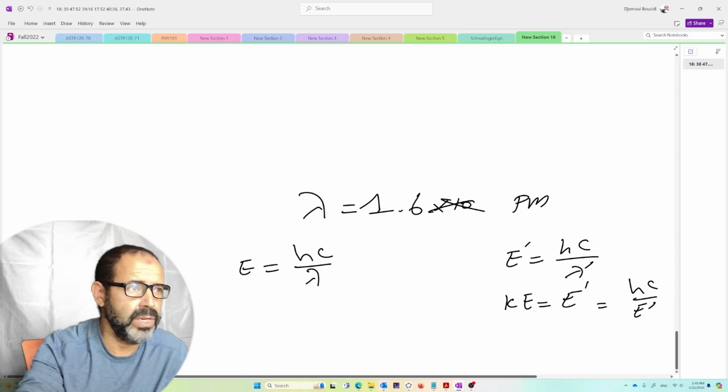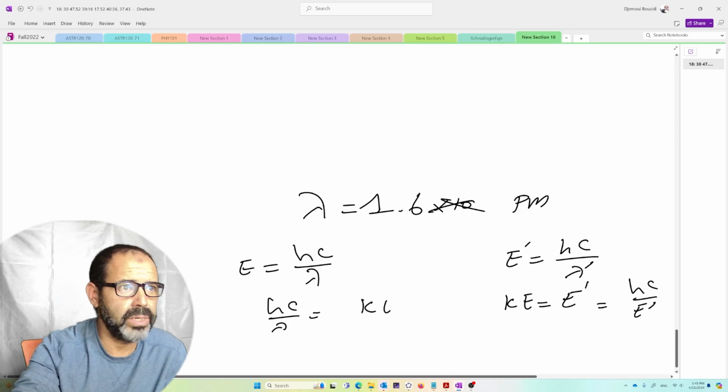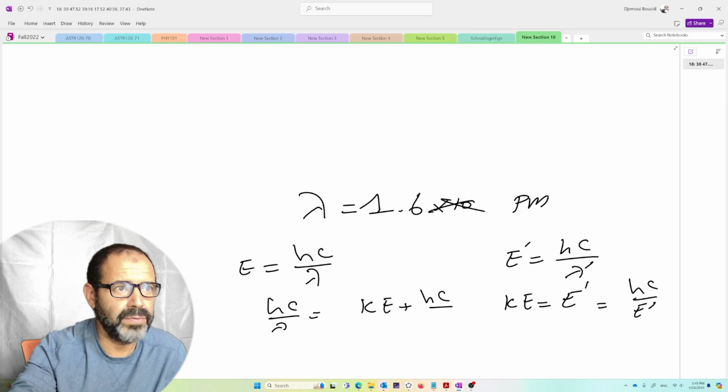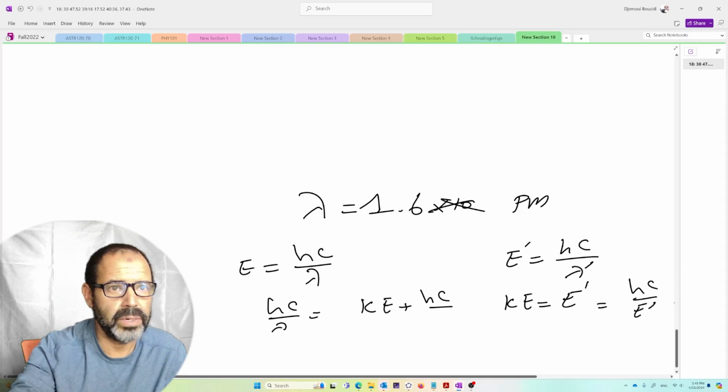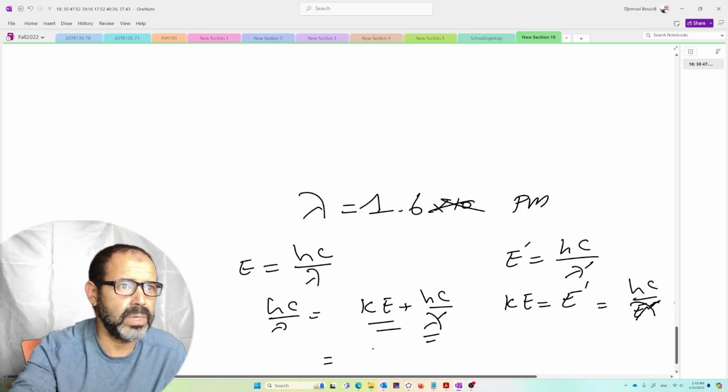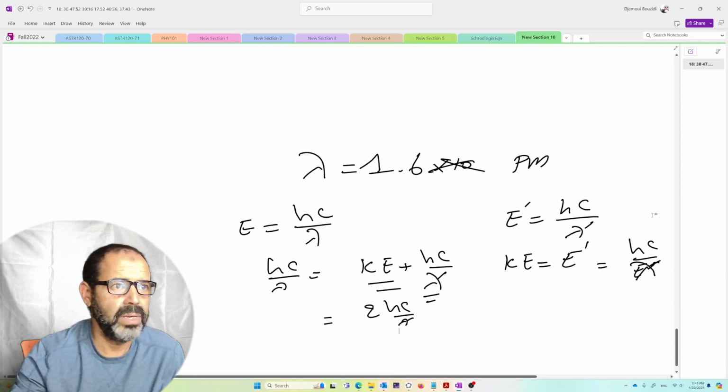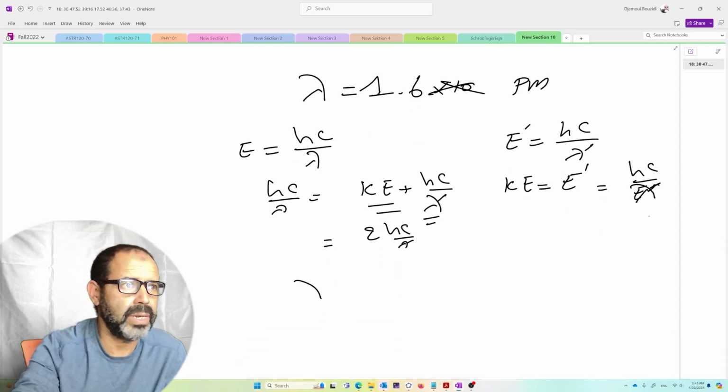By conservation of energy, hc over lambda must be equal to the kinetic energy of the electron plus the energy of the photon, hc over lambda prime. These two are equal, so that means that 2 hc over lambda prime is equal to hc over lambda. Cancel the hc, and that gives me that lambda prime is equal to twice lambda.